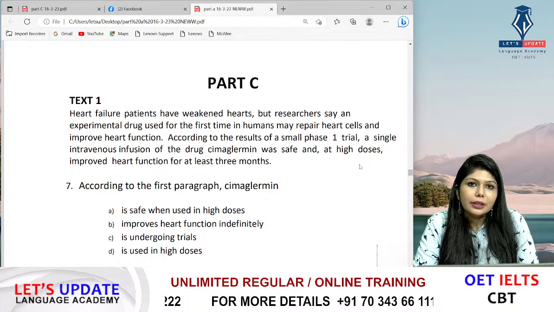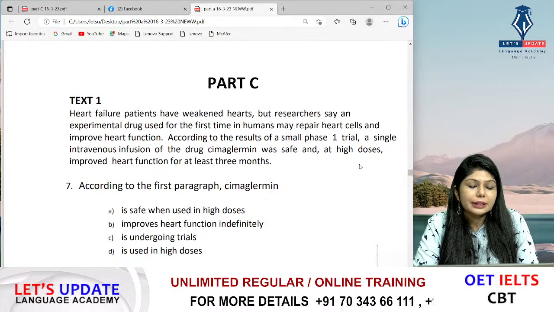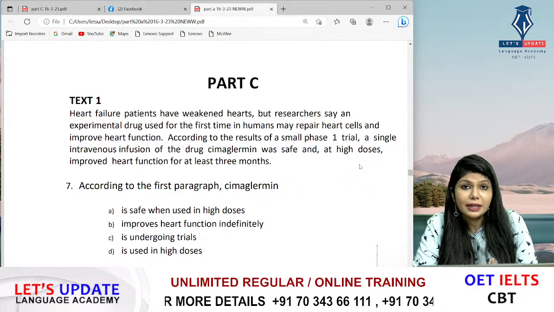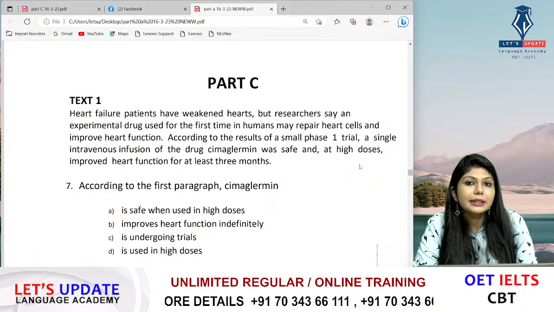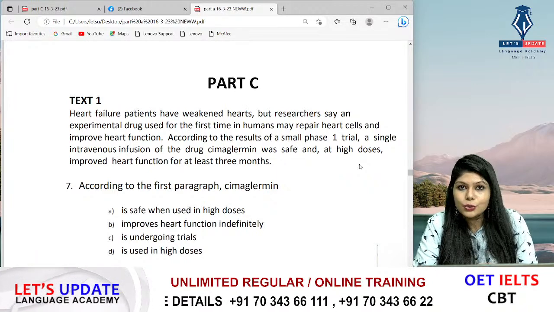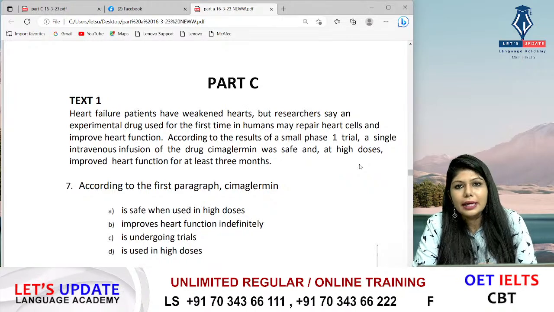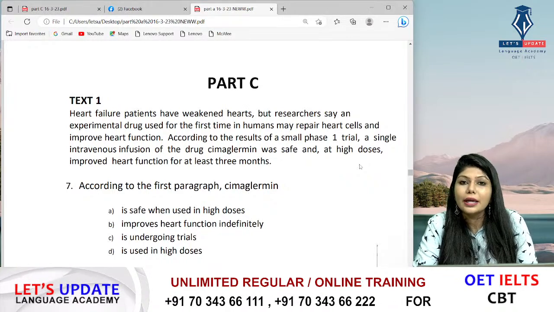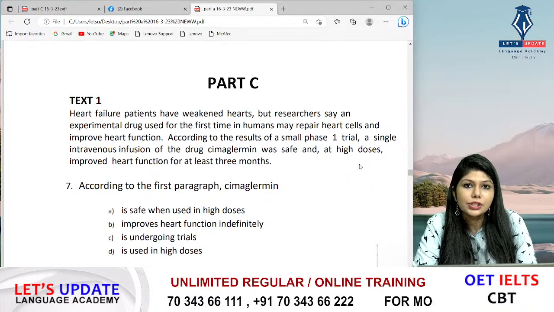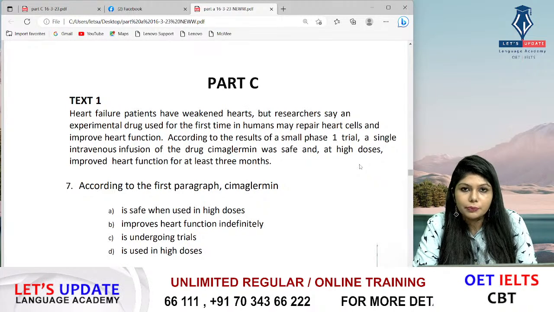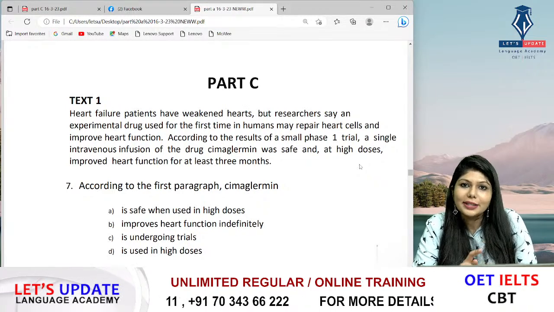So you have two ways to go about solving this. Either it is explicitly specified, in which case you can choose your answer very quickly, or if it's not directly specified, then you can use the elimination method, in which you will get enough evidence to prove the other options wrong, and then you can reach the correct answer.